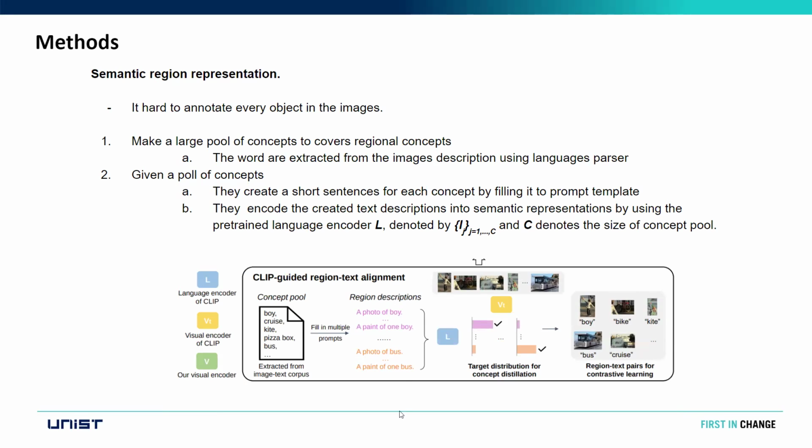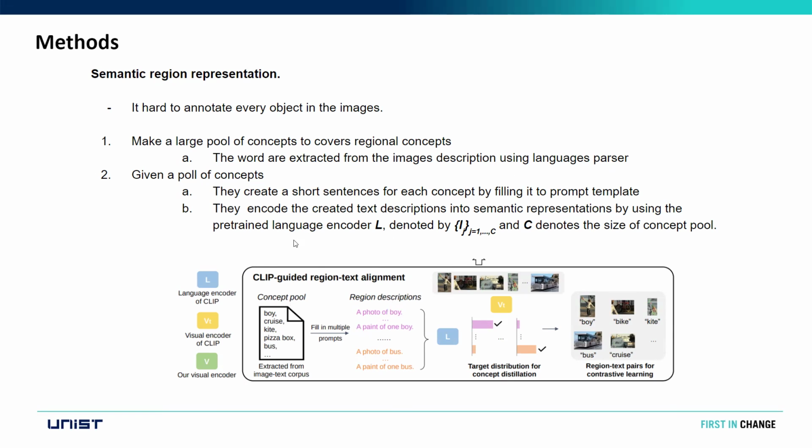And for the semantic side, for the prompts, it's usually really hard to annotate every object in the image, which can include a lot of classes, maybe up to thousands. So what they do is make a pool of concepts that covers the original concepts. These words are extracted from the descriptions using a language parser.